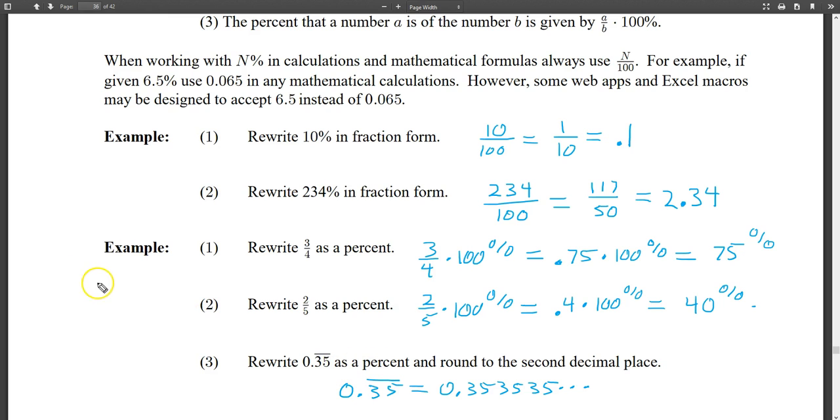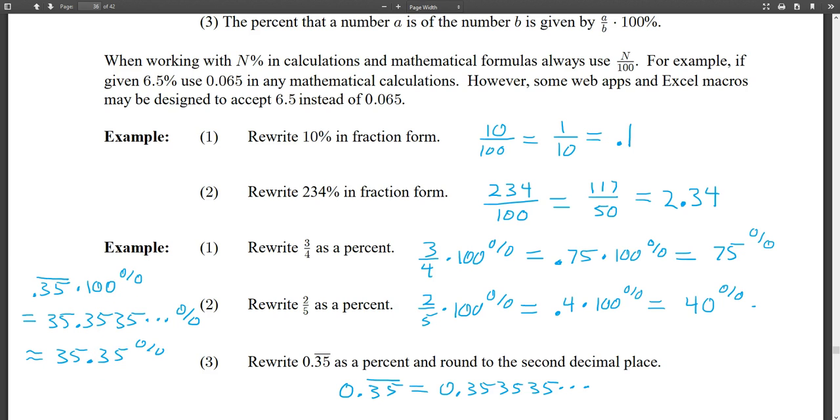So what we get then is 0.35 repeating times 100% is equal to 35.3535, and it keeps going like that, percent, and that rounds to 35.35%, just rounding that to the second decimal place.